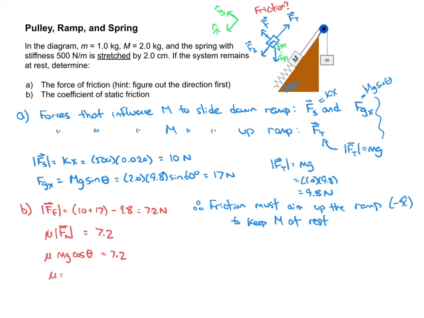And I'll divide both sides by mg cos theta to come up with my value for the coefficient. Oh, it's capital M because it's the block that's on the ramp.